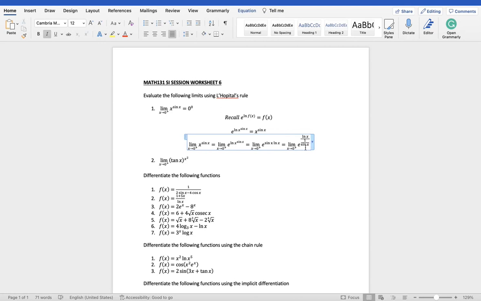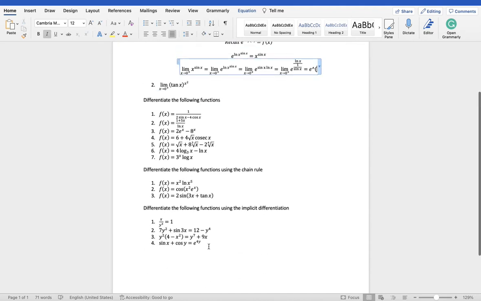Now, what happens when you substitute the value of x here? Ln of x as x tends to 0 from the positive side is infinity, like we said. So you have e basically to the infinity.